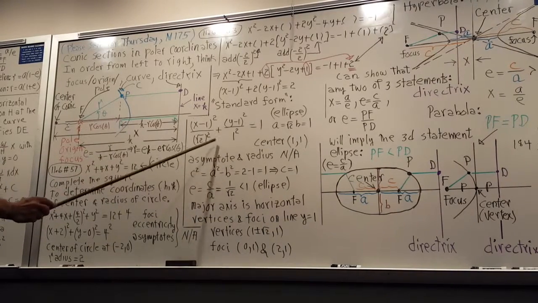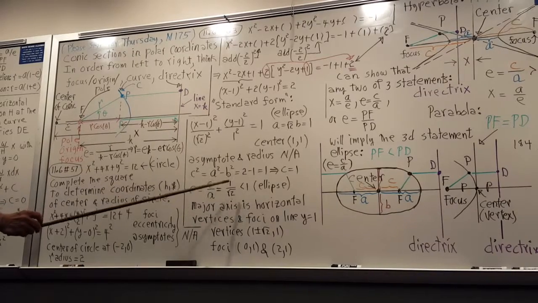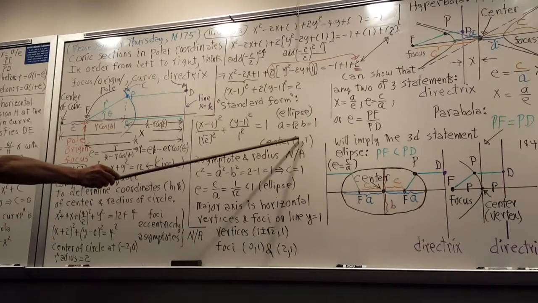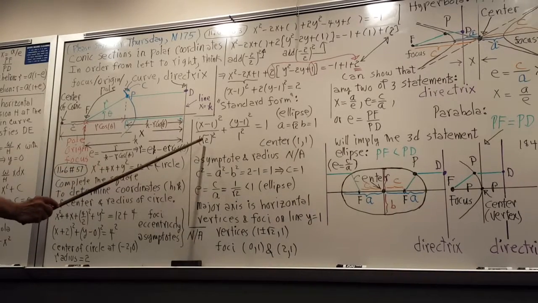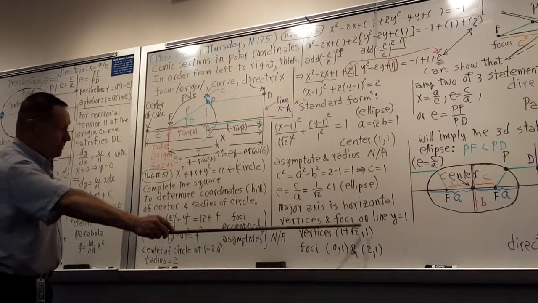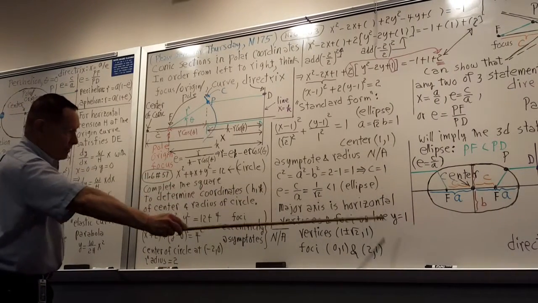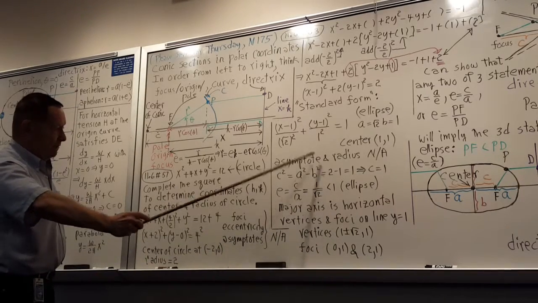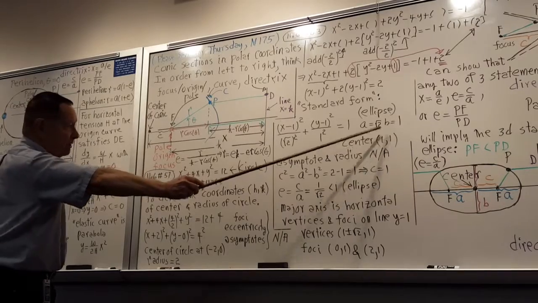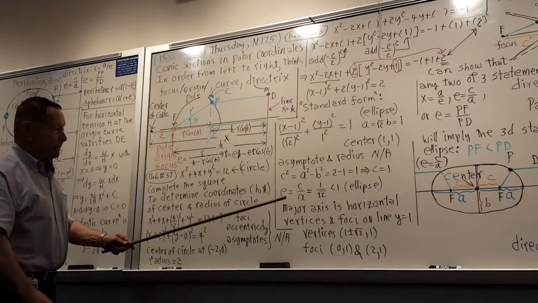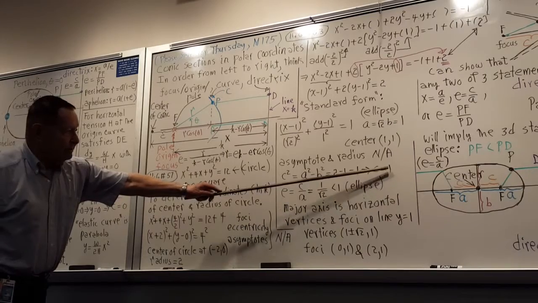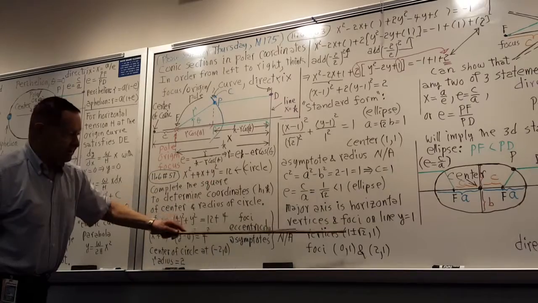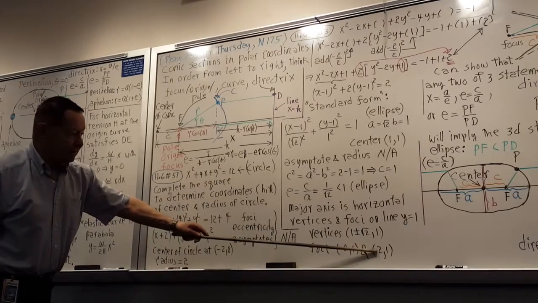So the vertices then are the x-coordinate of the center, which is 1, plus or minus the a value, root 2, and then the y-coordinate would be 1, and then the foci in the same way, starting from the center, 1, 1, you're going to go c to the left and right, so 1 minus 1 is 0, and then 1 plus 1 is 2.